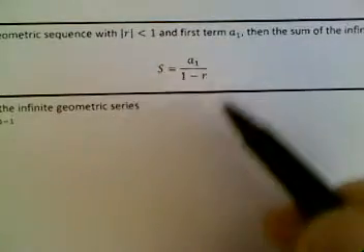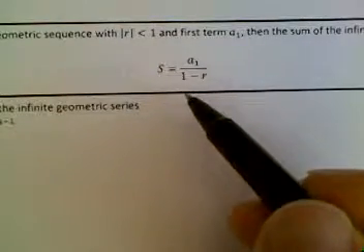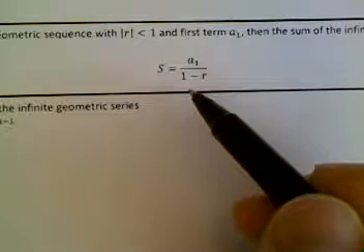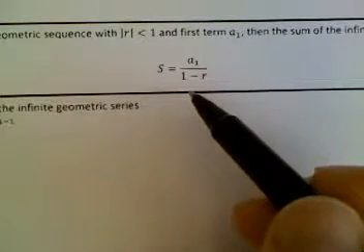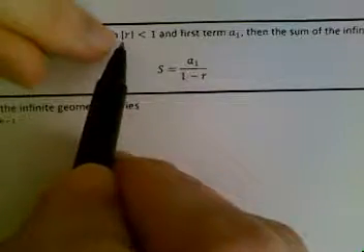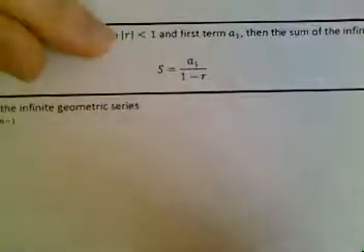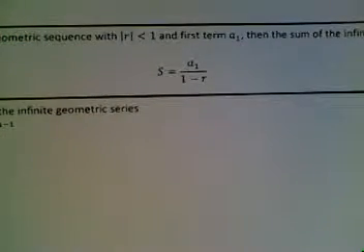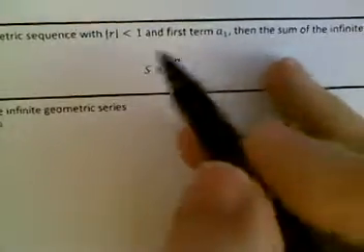That looks a lot nicer than what we had before. For infinite sums of a geometric series, as long as the absolute value of r is less than 1, I can find the infinite sum.